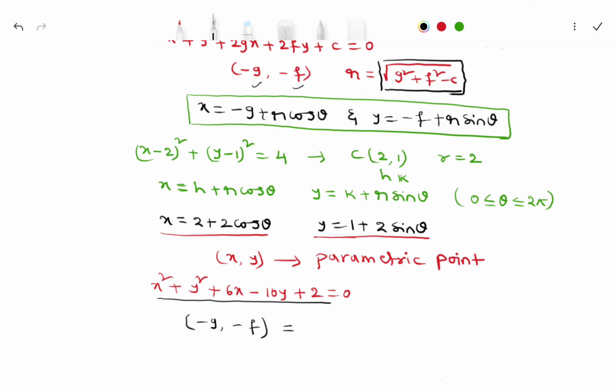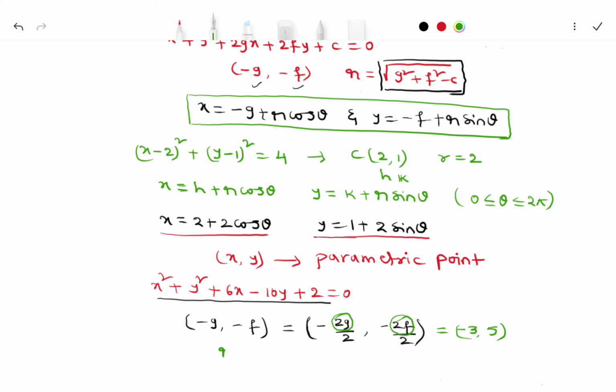Here 2g is the x coefficient and 2f is the y coefficient. By substituting the x and y coefficients, you get the value (minus 3, 5). This is the center.